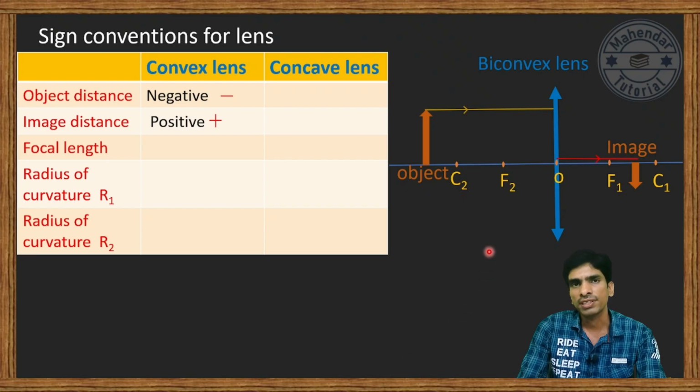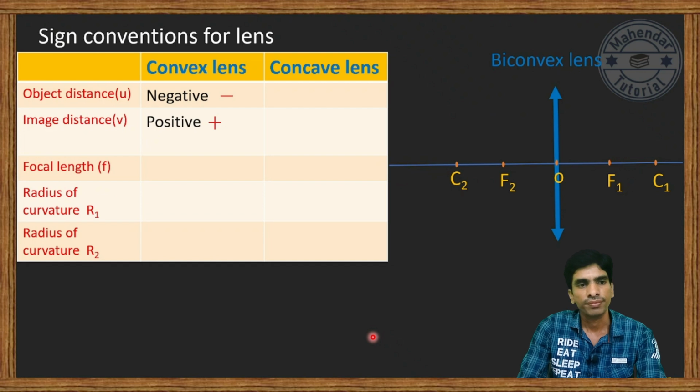But a biconvex lens also forms a virtual image. So in that case, how will the image distance be taken, we will see. Now the object is between the optic center and the focus F2. The direction of incident light is towards right only. In this case, the image is formed on the same side as the object.